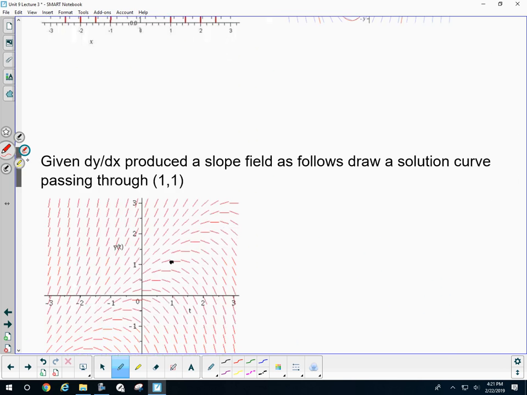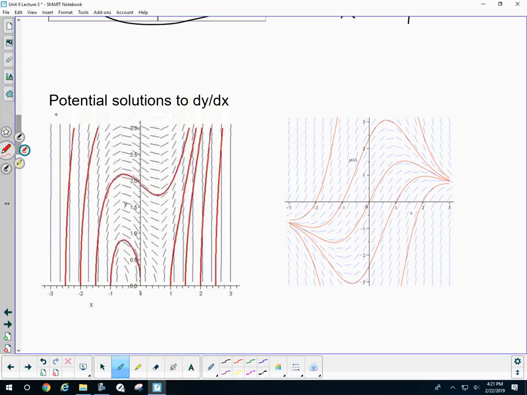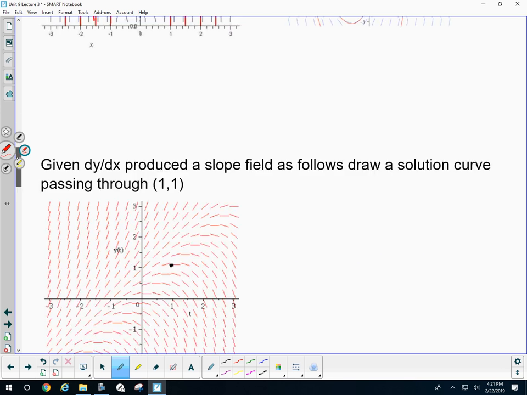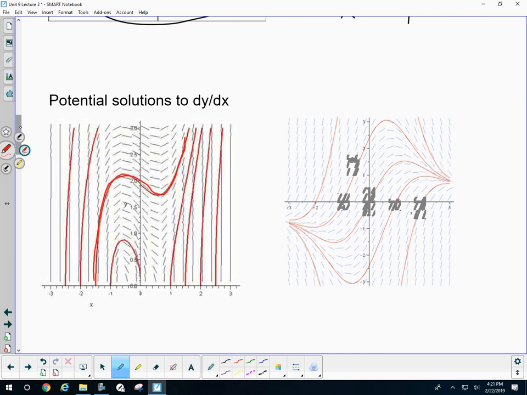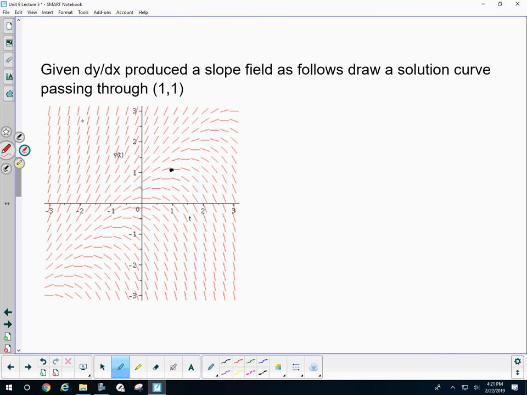Next thing you'd have to do is plot a potential solution. So they may give you a slope field. They may ask you to draw one of these curves that fits the slopes. So like here is some dy dx out there, creates this slope field. And if we have the point 1, 1 as part of our solution, what would our solution look like?